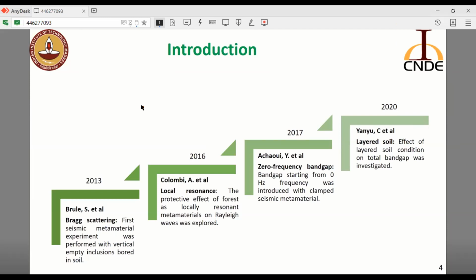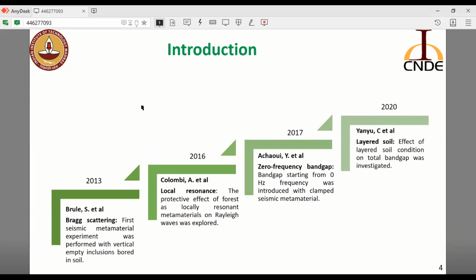So we can attenuate the wave by Bragg scattering. Bragg scattering is mainly a kind of destructive interference.